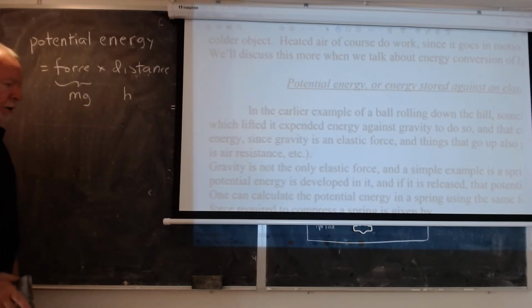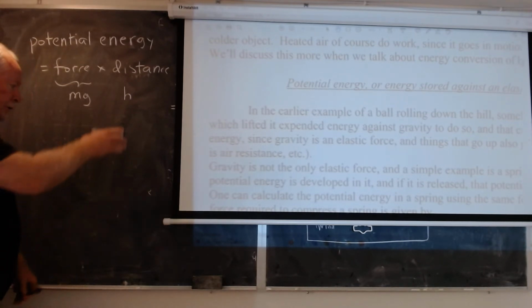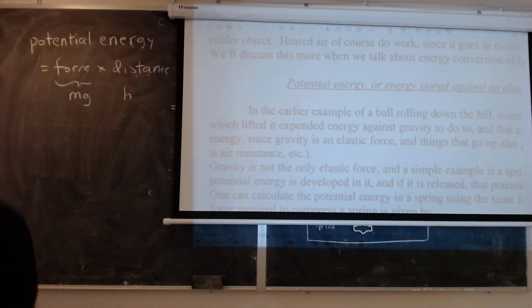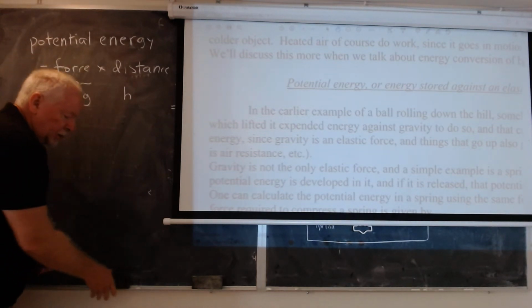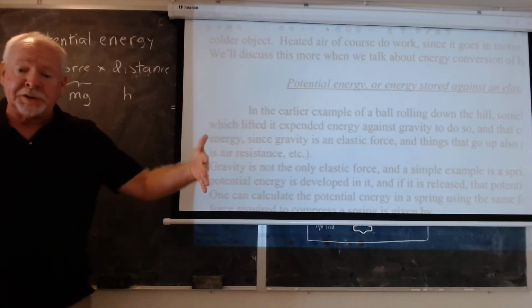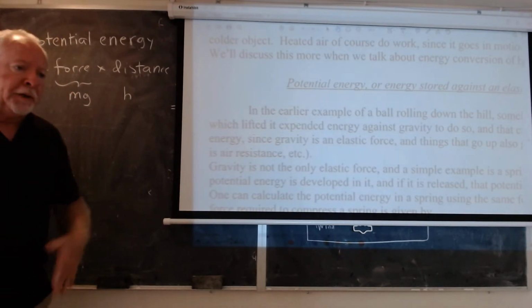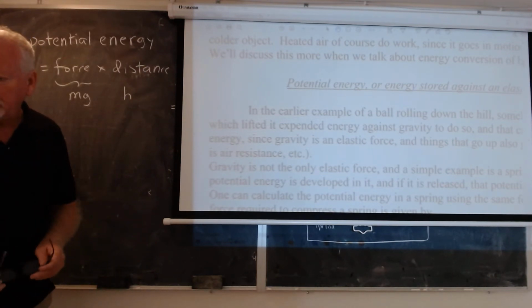Potential energy can be converted back into kinetic energy just by dropping the eraser to the floor. All that potential energy means is that you're working against a conservative force like gravity, so that when you release it, you can convert it back into kinetic energy.